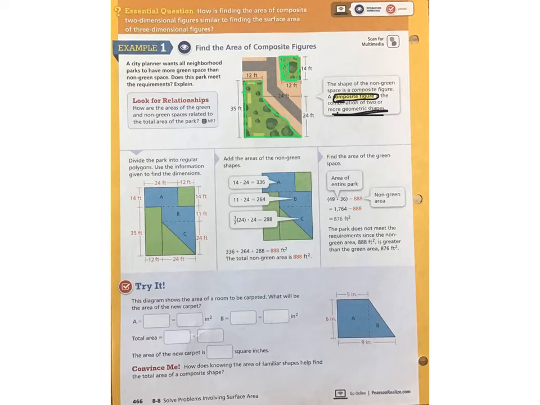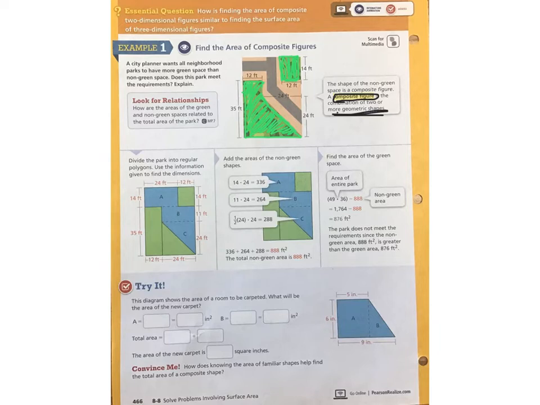So we need to know the area of the space where we already have the trees and the park-like areas. Once we have these areas, then we can also figure out if this is enough space that meets the requirements, that the green space is greater than the non-green space.